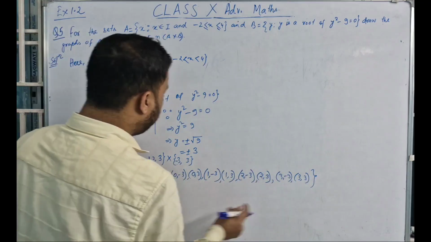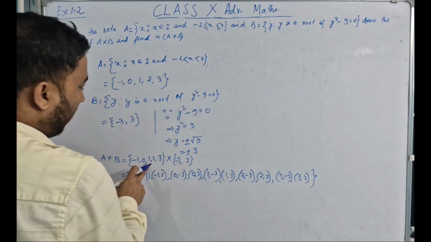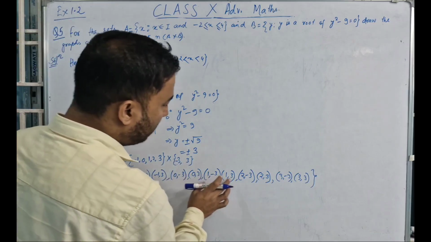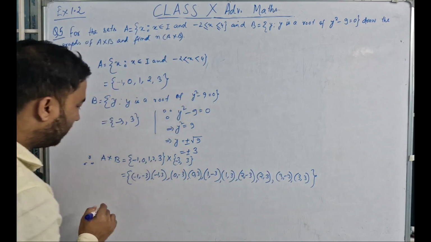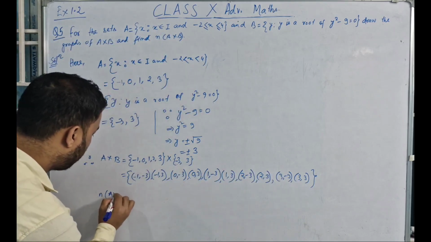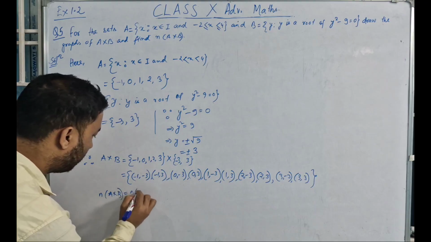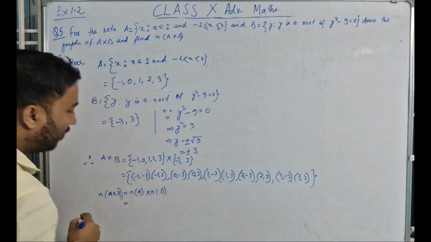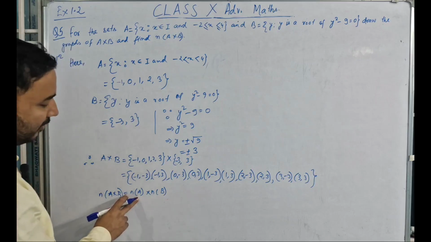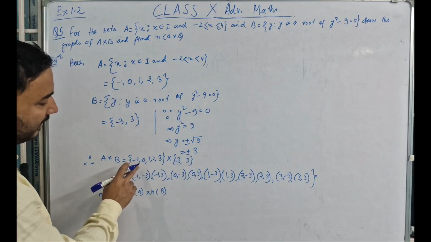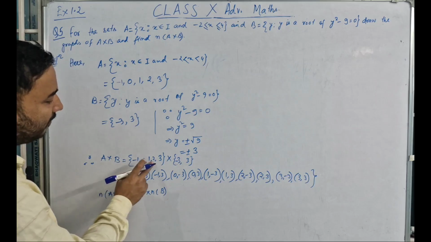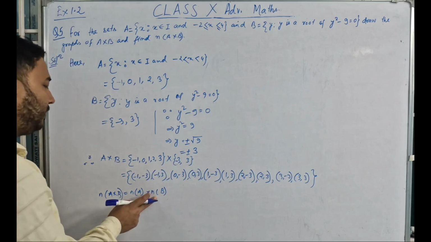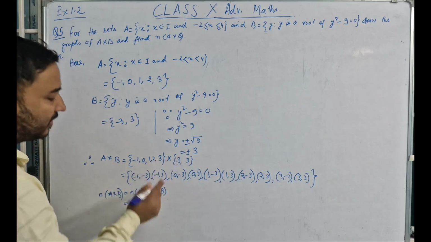In total you should have 10 elements, because here you have 5 elements, and for each there are 2 pairs. So in total you have 10 elements: 1, 2, 3, 4, 5, 6, 7, 8, 9, 10. Number of A cross B will be equal to number of A into number of B. Now what is number of A? Number of A means the number of elements in the set A. The cardinality of the set A is 1, 2, 3, 4, 5, so it will be 5 into the cardinality of B, which is 2, because 2 elements are there.